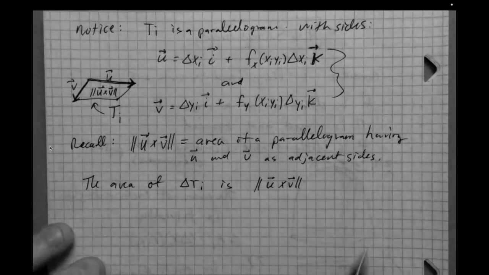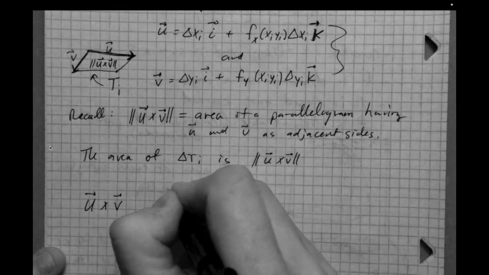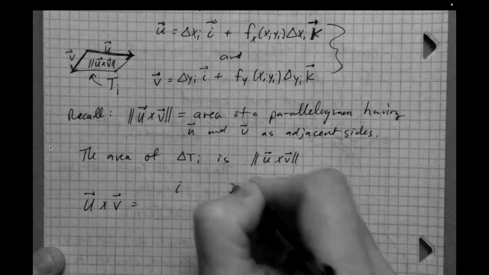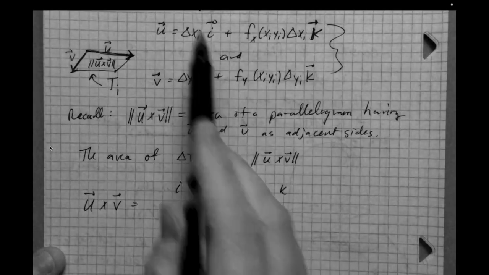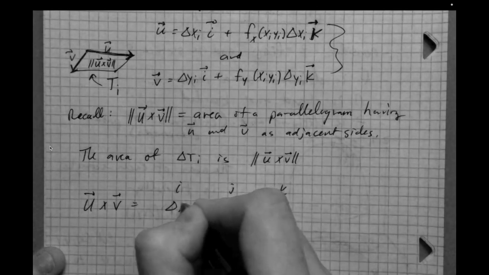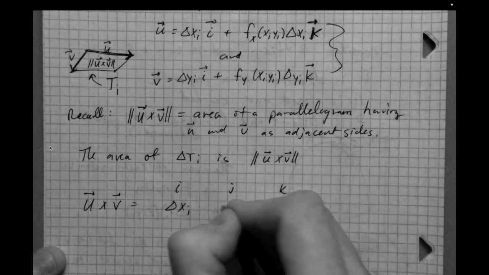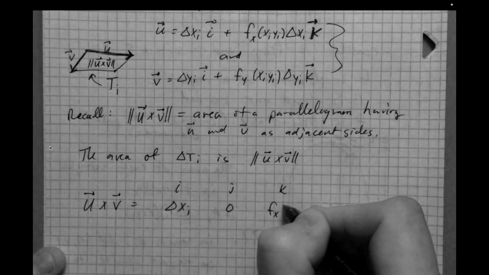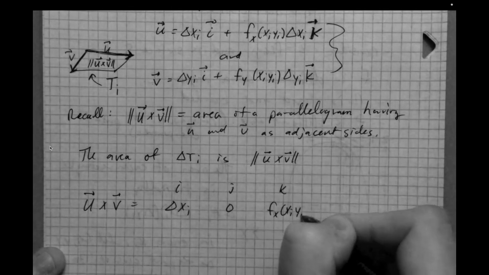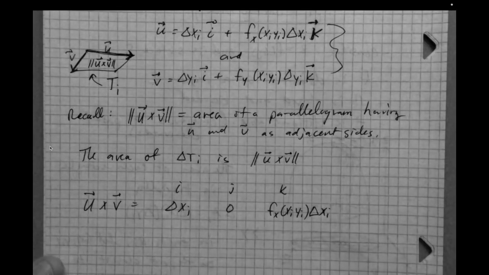All right, so let's calculate this. We'll start by just doing U cross V. For that we're going to need i, j, k. The i component is delta xi, then you've got 0 for the j component, and then the partial with respect to x for the k component.